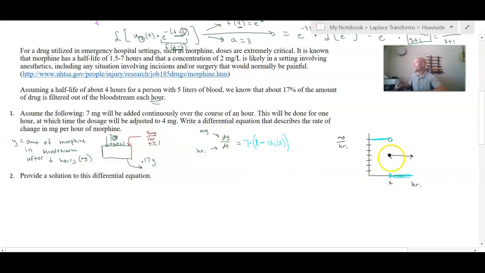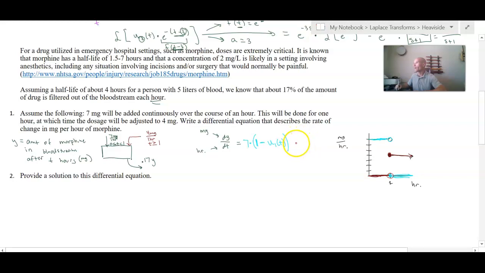Now let's think about this second piece of the puzzle. For the second infusion, we don't want to have the 4 milligrams infused for the first hour, but then we want the 4 milligrams to be infused thereafter. Well, that's just your standard Heaviside function.